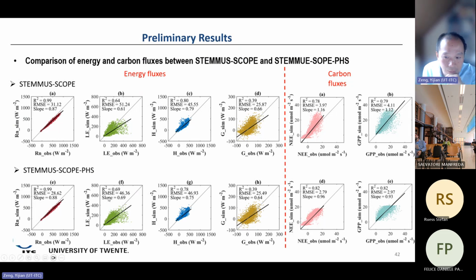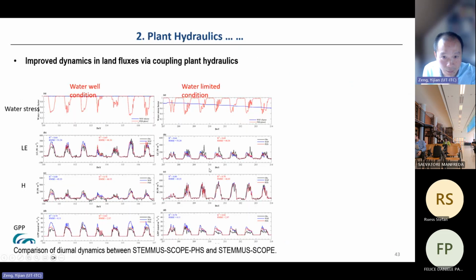The second row is the plant hydraulics version. And then you can see there's some improvement, although it's not a very significant improvement, but still, the latent heat and carbon fluxes are estimated much better.